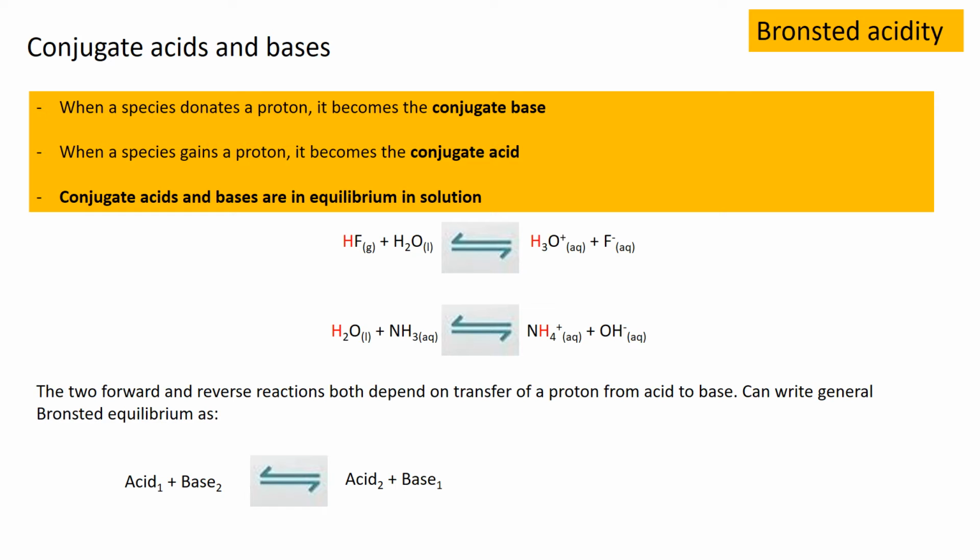Now, these are dynamic equilibria, so they're reversible equilibria, and the forward and reverse reactions both depend on the initial transfer of the proton from the acid to the base. So we can write a general equilibrium, which I'll show you in the equation at the bottom there.